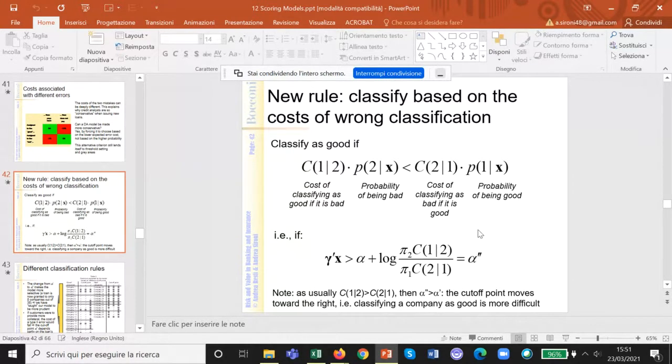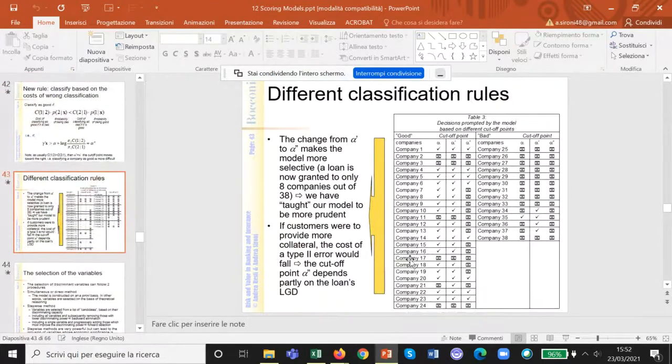Now, if we do that, the cutoff point gets moved to the right, because typically this ratio that you see here is larger than 1, and therefore the natural log is positive, and therefore the cutoff point gets moved to the right.